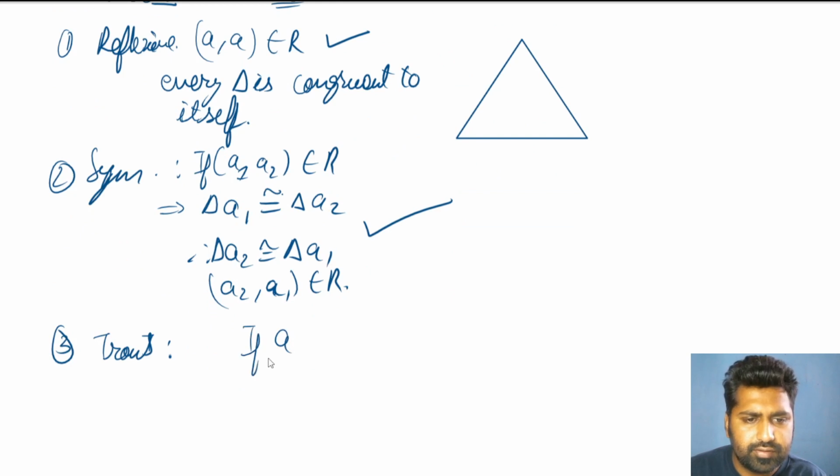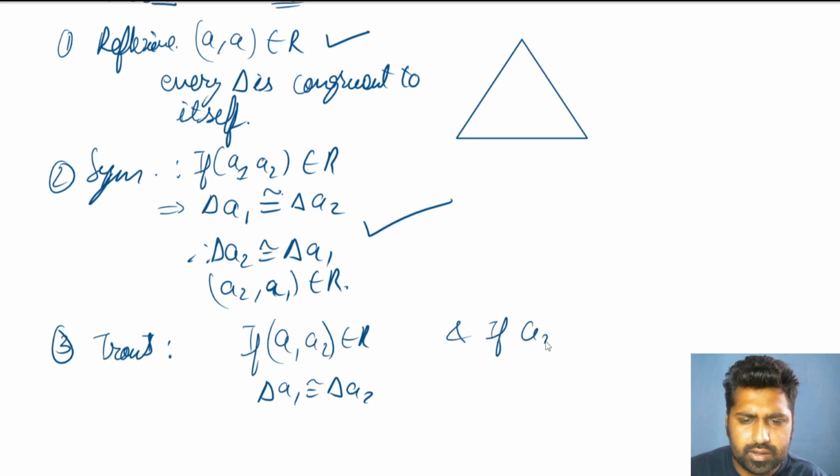is saying if (A1, A2) belongs to R, means triangle A1 is congruent to triangle A2, and if (A2, A3) also belongs to R, triangle A2 is congruent to triangle A3.